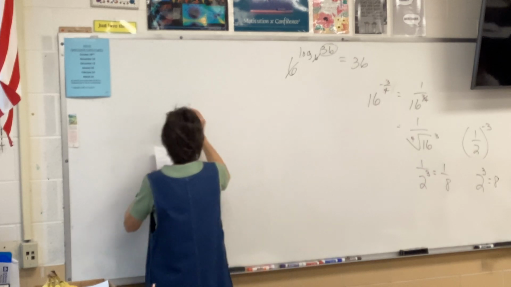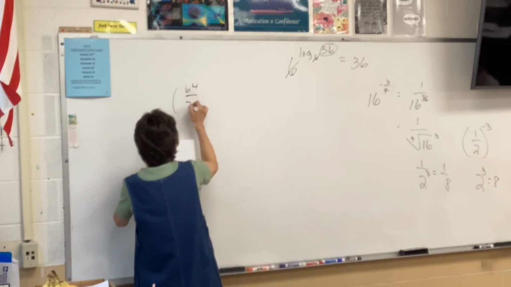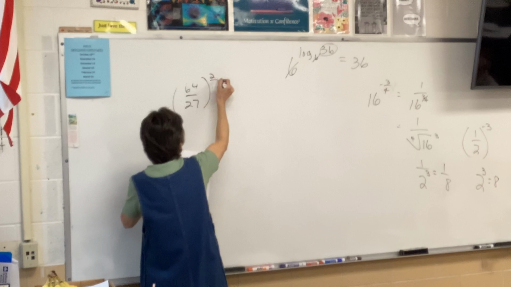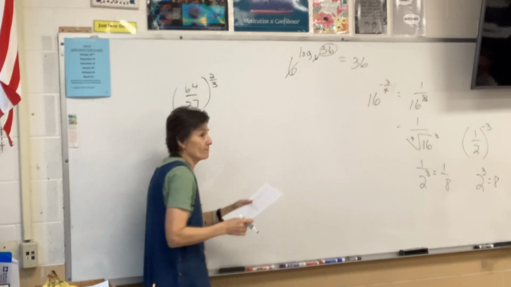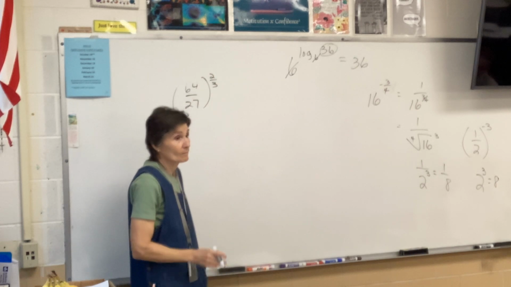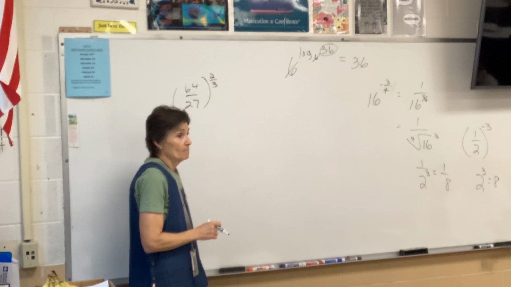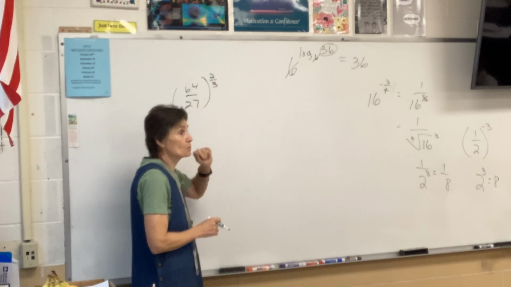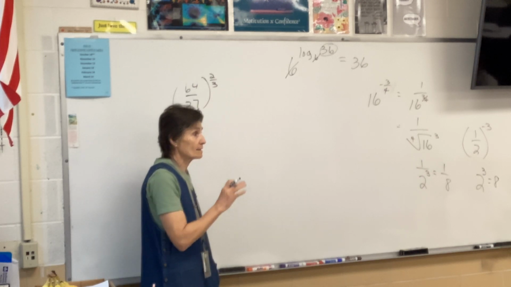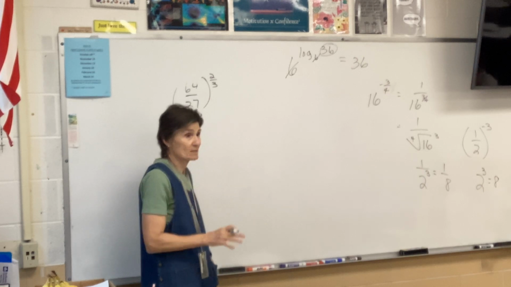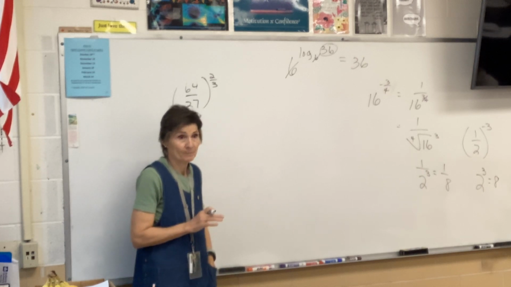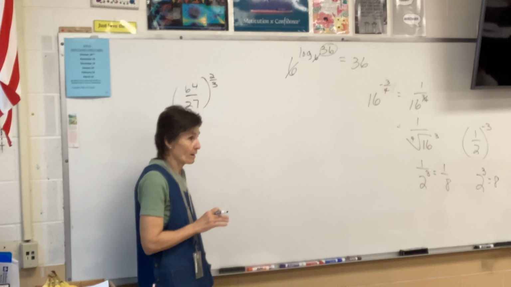What about this one? 64/27 to the 2/3. Well, it looks very scary. But what does the 2/3 mean? What do I do with an exponent that's a fraction? We'll turn it into a radical.